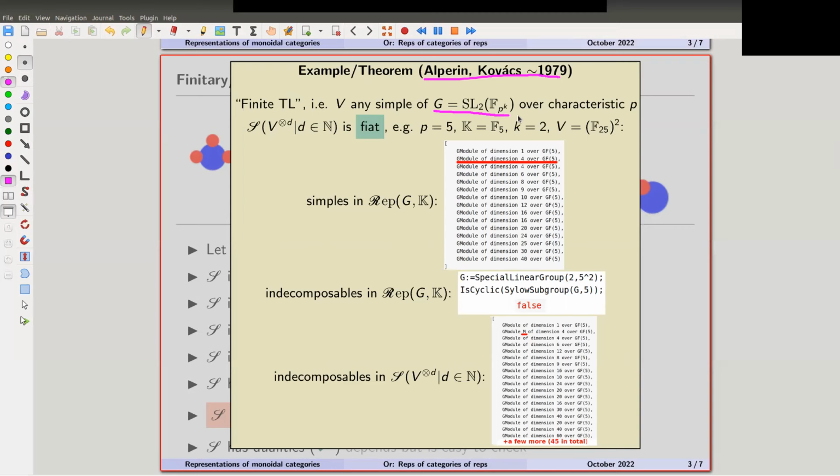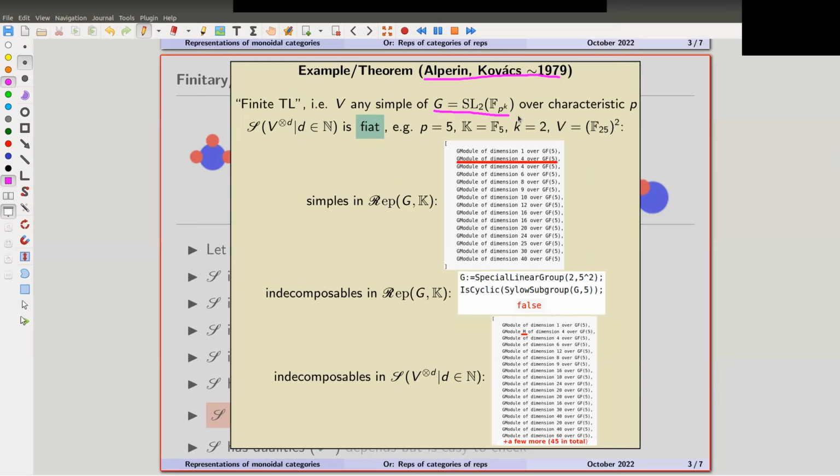You can take any simple representation of that group, and the subcategory it generates is always fiat, which means there are always finitely many indecomposables that show up in the decomposition of those tensor products. Let me give you an explicit example. So I could take p equals 5, the field with 5 elements, and k equals 2, so actually the field with 25 elements.